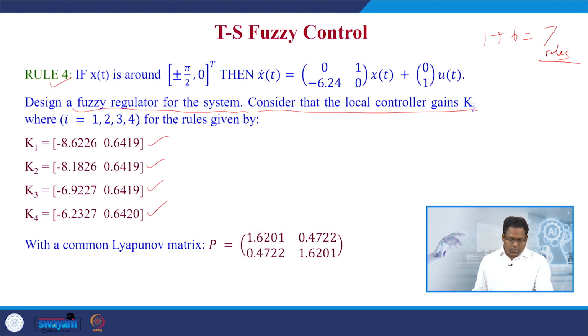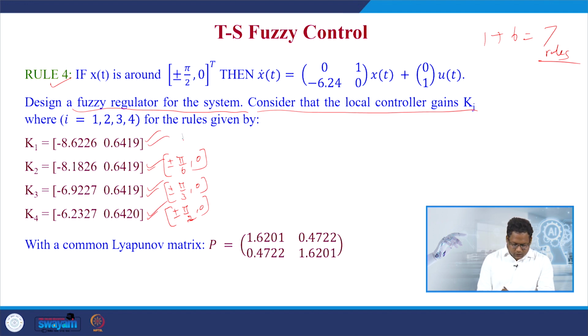Since rule 2 and 3 and 4 and 5, then 6 and 7, they do have same sort of k values because of that plus or minus pi by 6 comma 0 equilibrium point here, and plus or minus pi by 3 comma 0 point here, and for plus or minus pi by 2 0 for this k values.